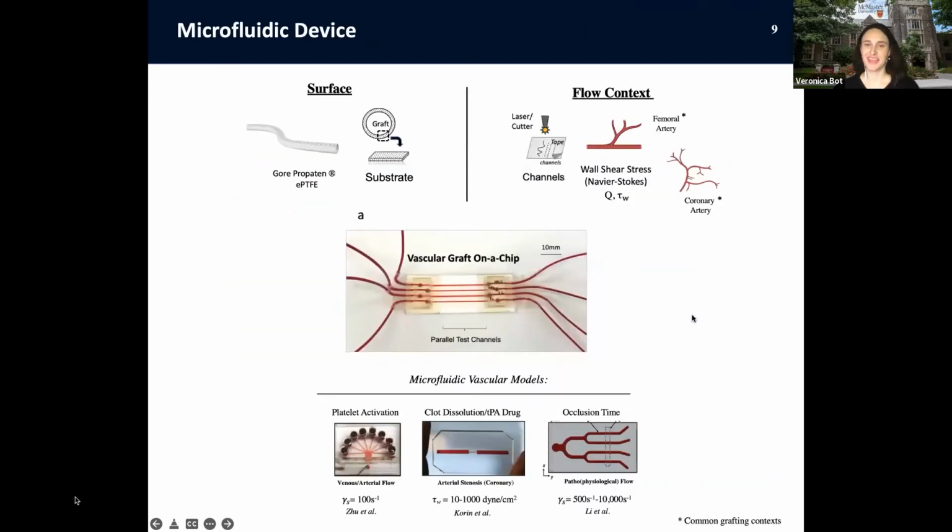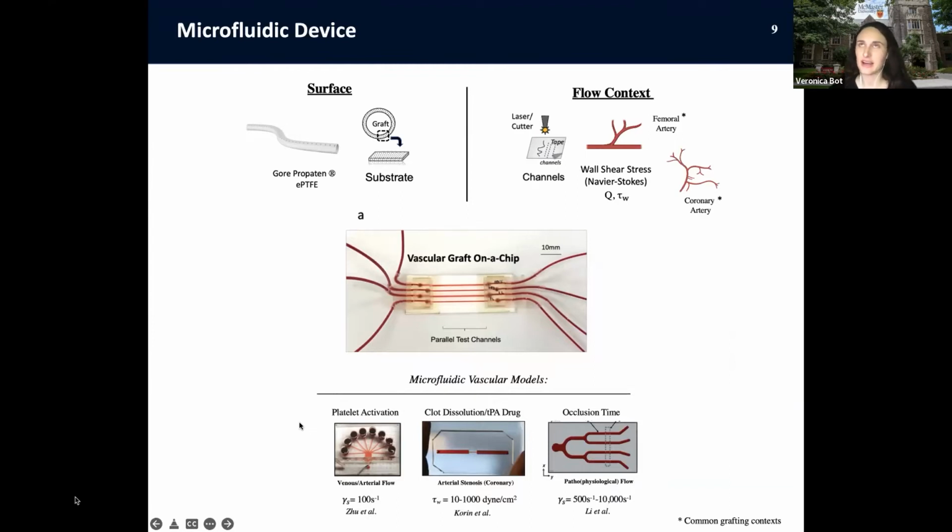So you may ask, how can we achieve this? And it is something I was stumped on for a very long time. So I decided to translate methods from microfluidics. Microfluidics harness micro scale channels to generate fluidic profiles that mimic vascular conditions. This is usually by isolating and recapitulating wall shear stress.